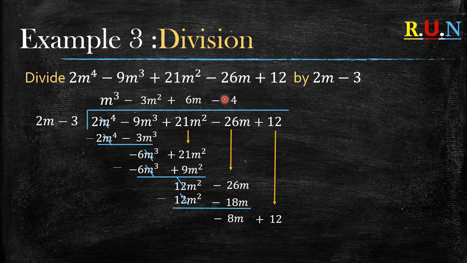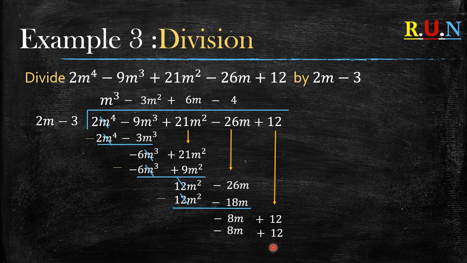Now let's take that negative 4. Negative 4 multiplied by 2m gives you what? It gives you negative 8m. Okay? And then you take it again, negative 4 multiplied again by this negative 3. What do you get? You get a positive 12.